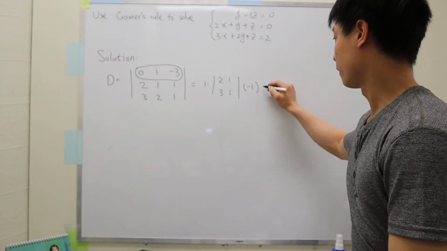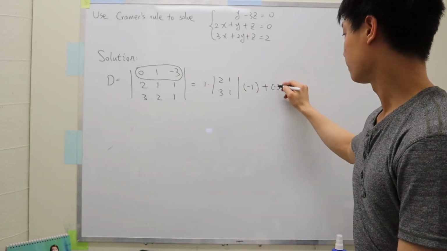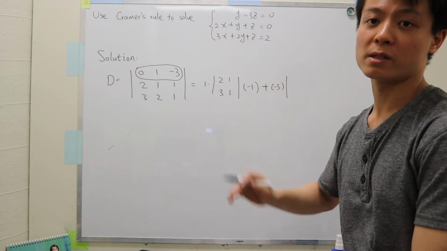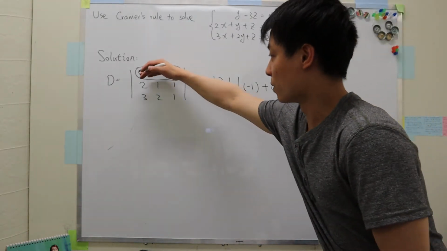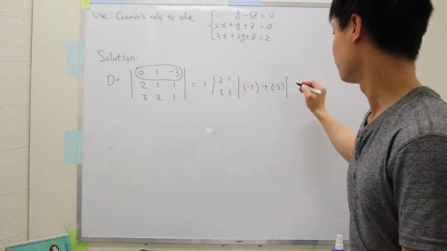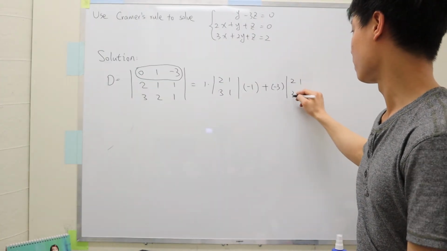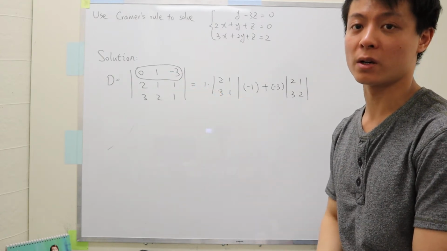Then we have negative 3, the entry, times the determinant of the deleted submatrix, which is this small one here, 2, 1, 3, 2. And the sign of this position is positive.